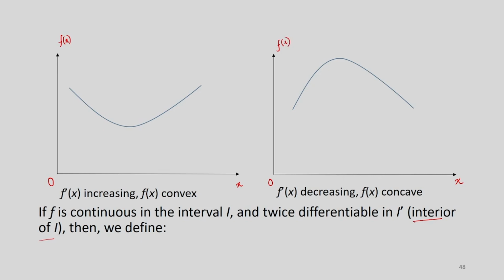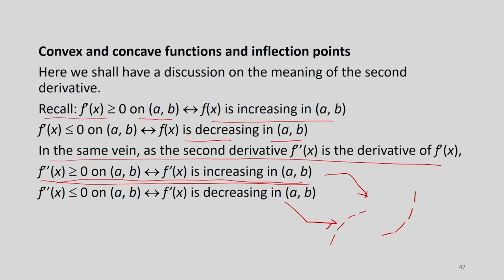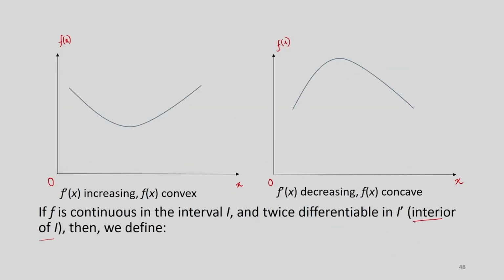So, here f(x) is a sort of U-shaped curve, okay, and you can immediately see that this curve is something similar to what I have drawn here. So, this is convex. Here f dash of x is rising, okay, it is increasing, and it also means, we have just seen, that the second derivative is positive.